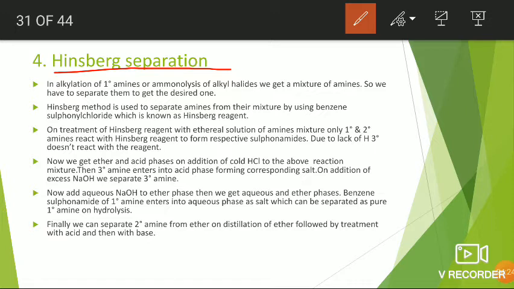So you get a mixture of primary, secondary, tertiary as well as quaternary ammonium salts during the course of the chemical reaction.